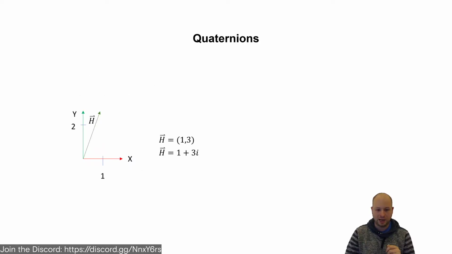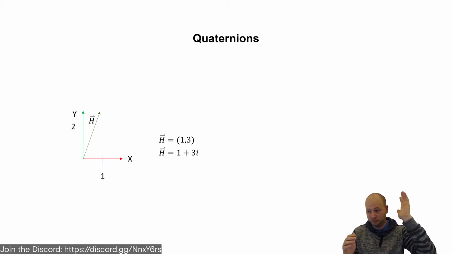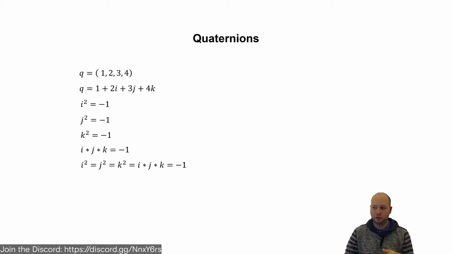Much like one-dimensional complex numbers have an x-axis and a y-axis, which is the complex plane, to do this in the third dimension you are also dealing with the j and k complex planes.